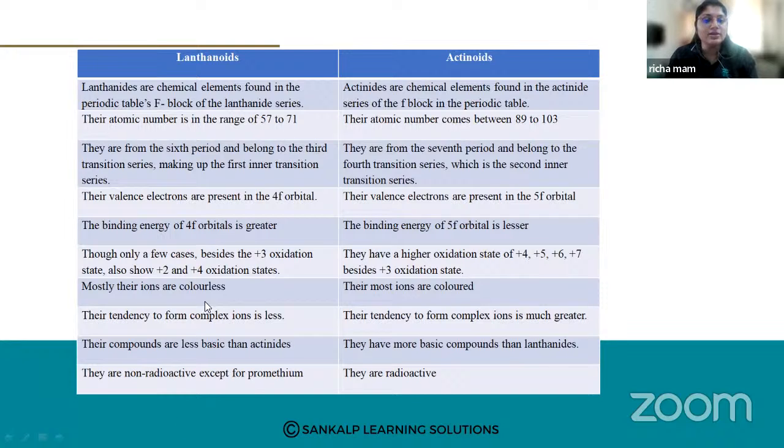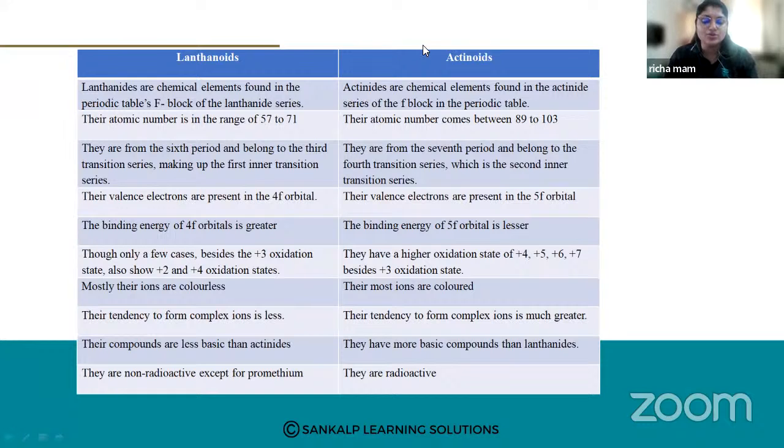Then lanthanoids are non-radioactive, except for promethium, while all the other elements in the actinoids are radioactive. So in lanthanoids only promethium is radioactive, while the rest of the metals are non-radioactive. So these are the main differences between lanthanoids and actinoids.